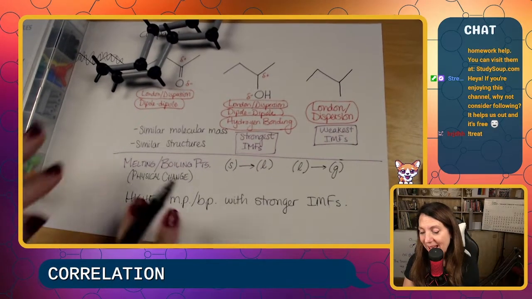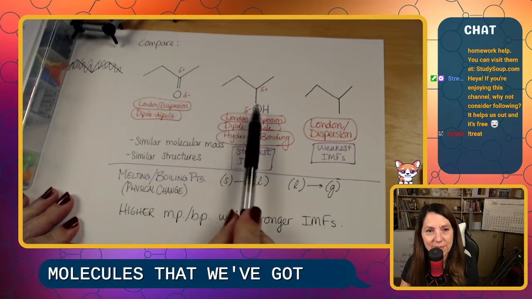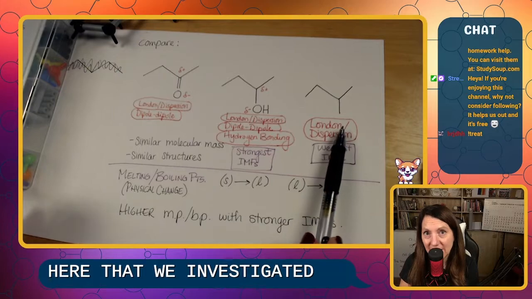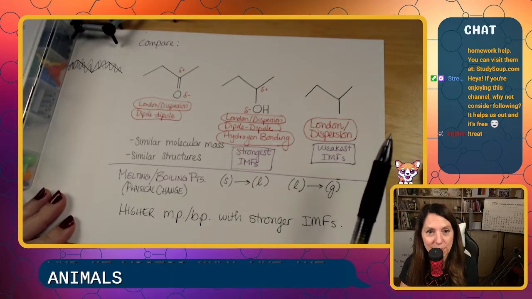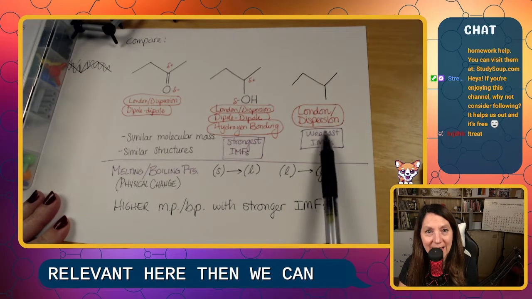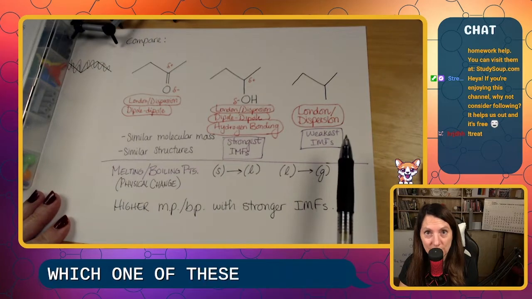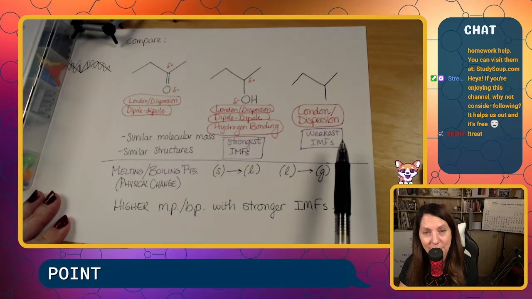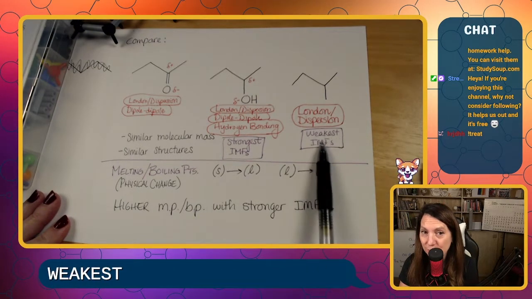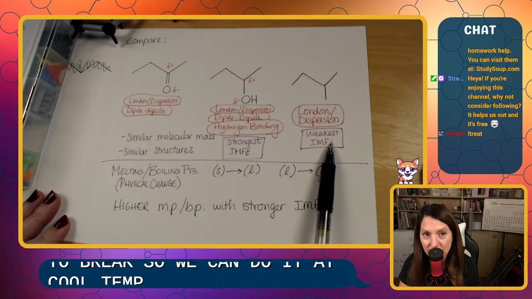So given that, if we look at these molecules that we investigated and assessed for which intermolecular forces are relevant, then we can say with great certainty which one will have the lowest boiling point, in other words the weakest intermolecular forces that are very easy to break, so we can do it at cool temperatures.